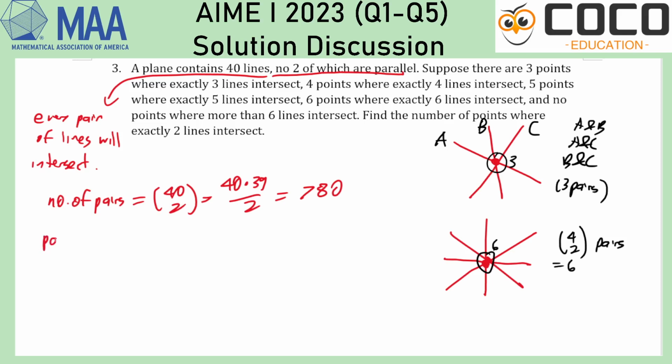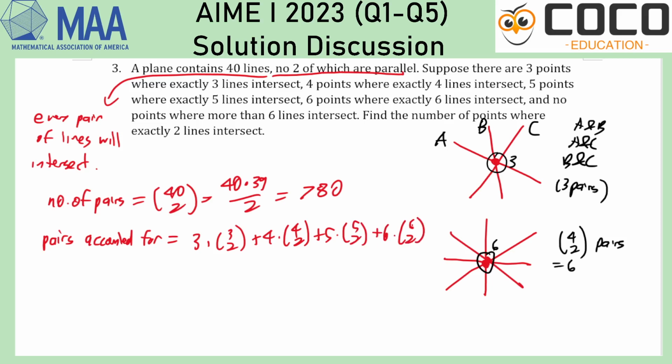So the pairs accounted for is what I'll call it. You've got 3 times of 3 choose 2, 4 times of 4 choose 2, and then 5 and 6. So 3 times 3, 4 times 6, 5 times 10, 6 times 15.